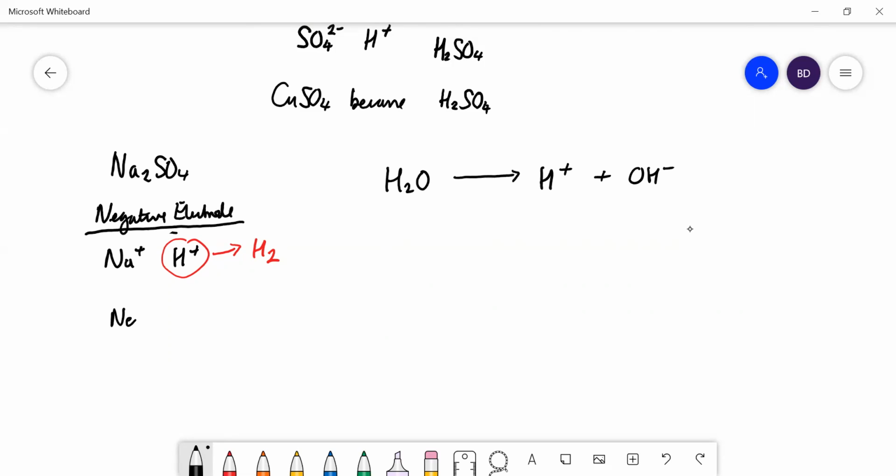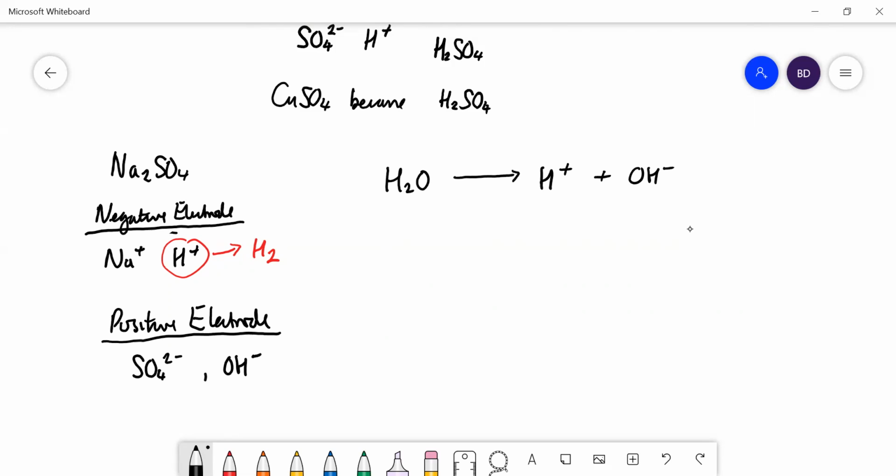Let's talk about what's happening at the positive electrode. We're going to have sulfate ions going there from the sodium sulfate, and we're going to have OH minus ions from the water.